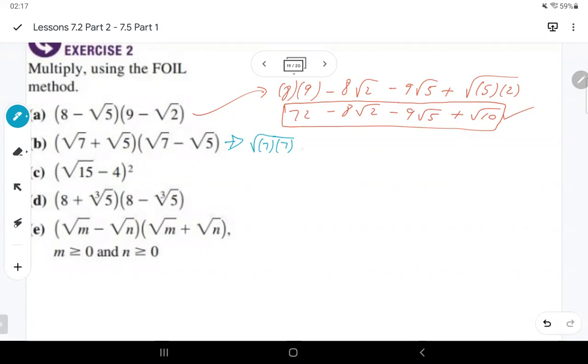And then plus square root of 7 times 5 minus square root of 7 times 5. You can see those are going to cancel. And then minus square root of 5 times 5. So then these actually cancel. And then we have 7 minus 5, which gives us an answer of 2.